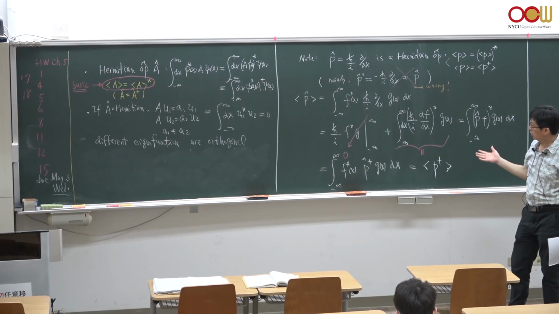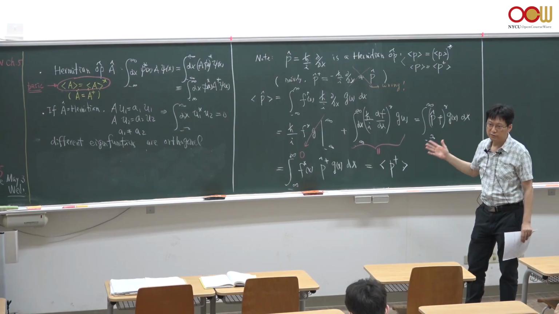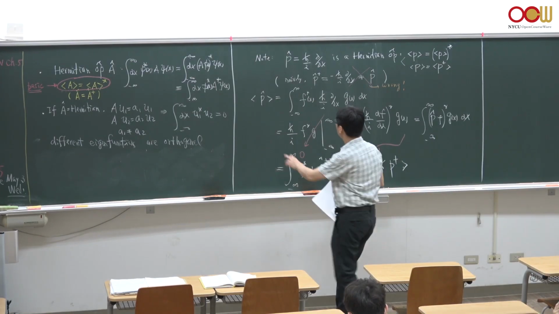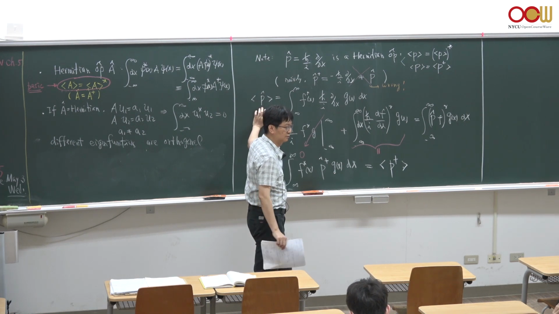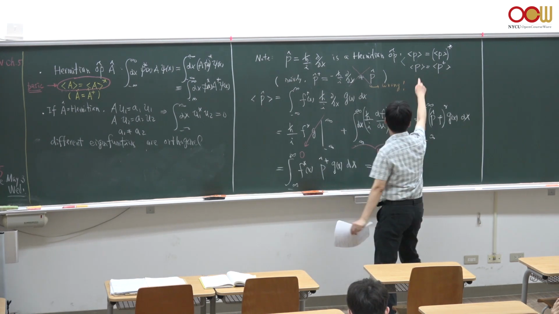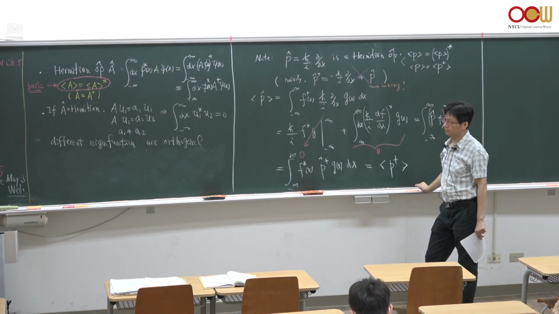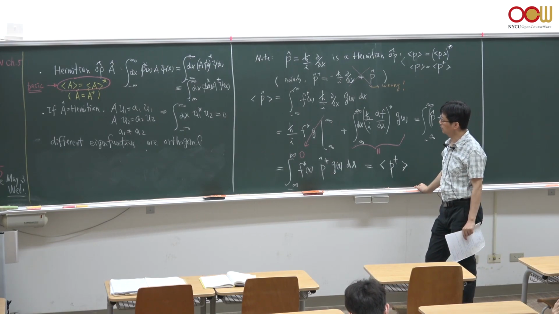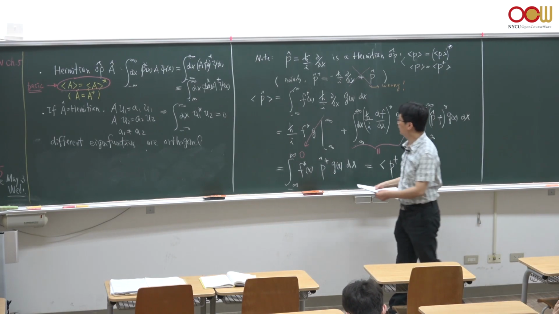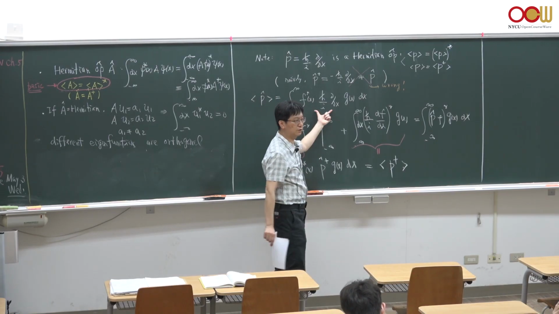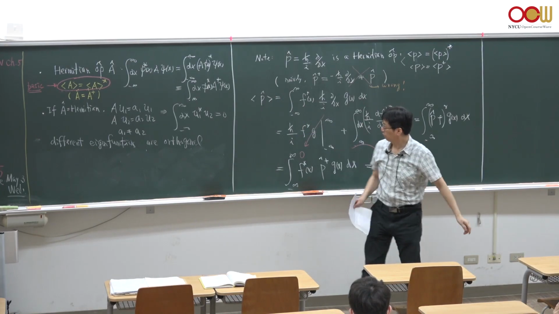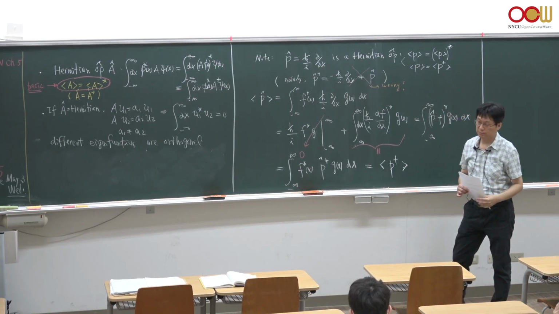The way that you show this momentum operator is indeed a Hermitian operator has to follow the expectation value that we define here. The expectation value of the momentum operator sandwiched in between any two quantum states or Schrödinger wave functions is given by this integral. This is the formal definition of expectation value.